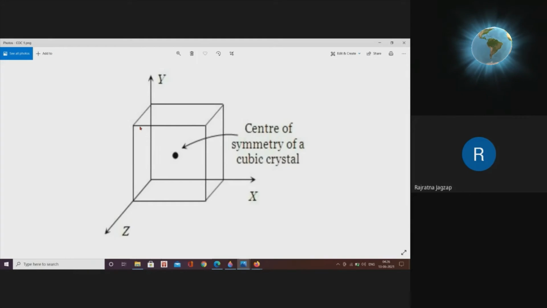This is a cube. You can see here the imaginary center of symmetry. From this imaginary center, all solid angles are at equal distances.